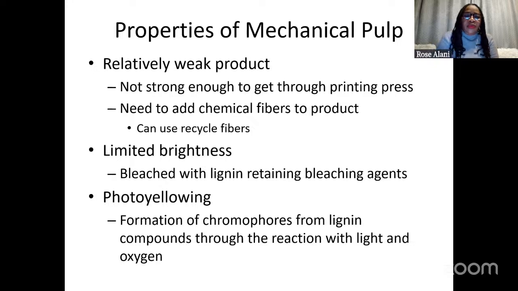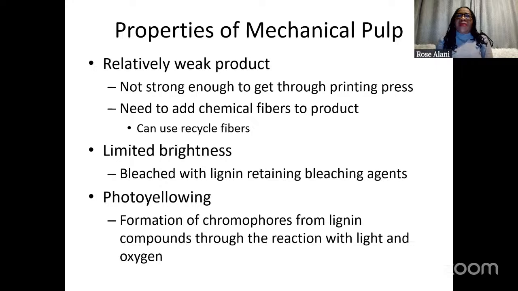And since mechanical pulping does not remove lignin, the color forming material is still retained in the pulp, and you use it to make paper. By the time you keep the paper for some time, then with light and oxygen reacting, the chromophore is formed back. So the color forming material is formed back.